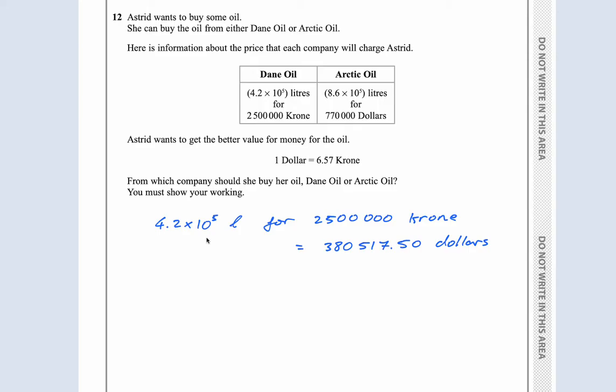So Dane are selling 4.2, which is actually 420,000 liters for that many dollars.